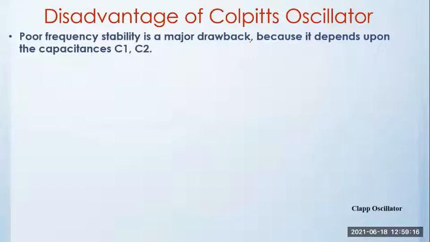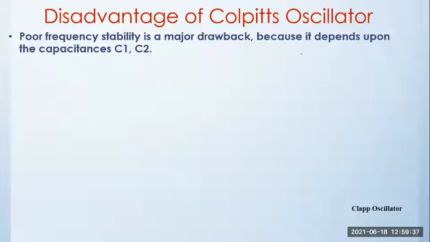You have designed an oscillator to work at one particular frequency. Over time, with aging of the components, with change in temperature, whatever happens, if the output frequency of the oscillator does not change much.